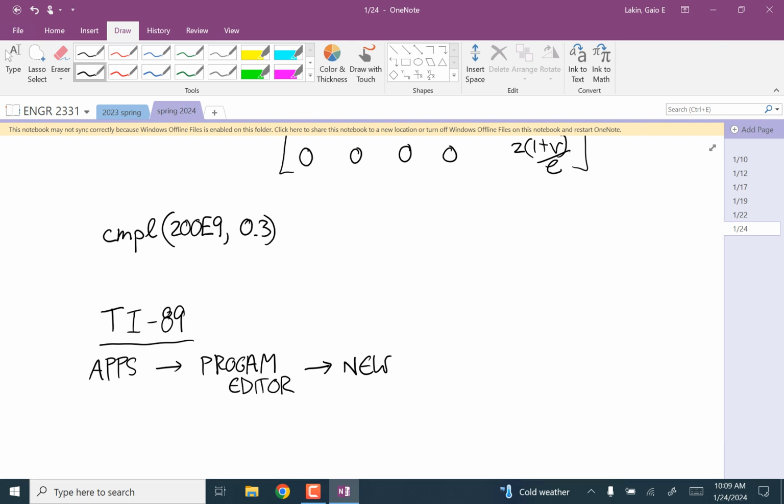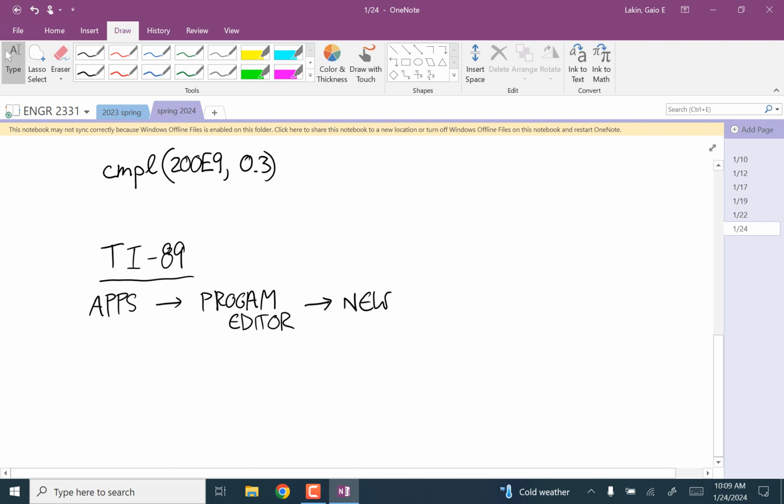The first thing it asks you is type. Do you want a program or do you want a function? I guess let's go function. So hit the right arrow and go down to function and hit enter.